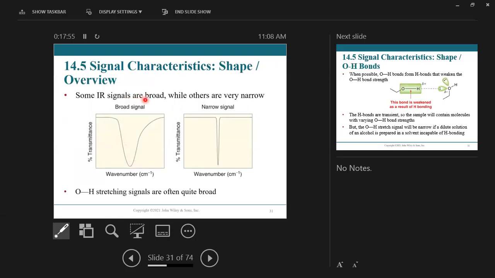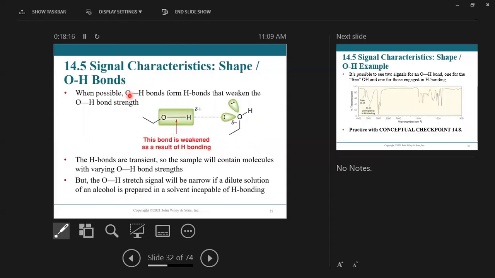So some IR signals are broad, while others are very narrow. OH stretching signals are often quite broad, and you'll see this. When possible, OH bonds can do hydrogen bonding, which weakens the OH bond strength.